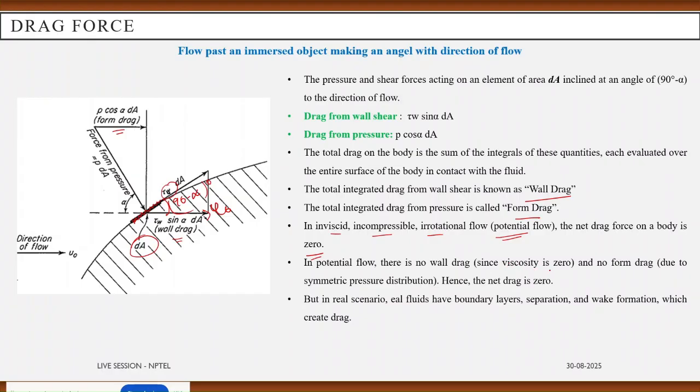So here we are considering a case of potential flow where the wall drag is zero because we are assuming viscosity to be zero, and there is no form drag because the pressure distribution is also symmetric around the body. Hence for a potential flow the net drag is also zero.